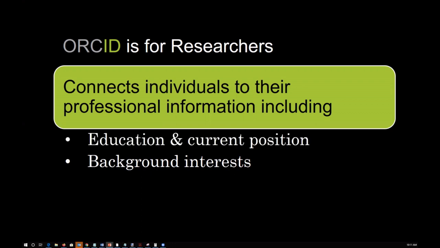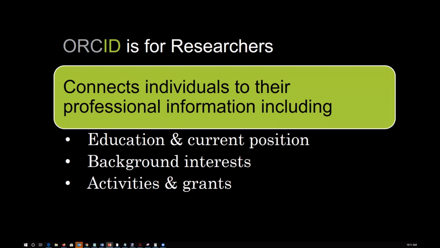And so some of the things that ORCID does to pull things through to the SciENcv, it'll connect an individual's professional information, which could include their education, their current position, where they're currently working, their background interests, activities, and grants.